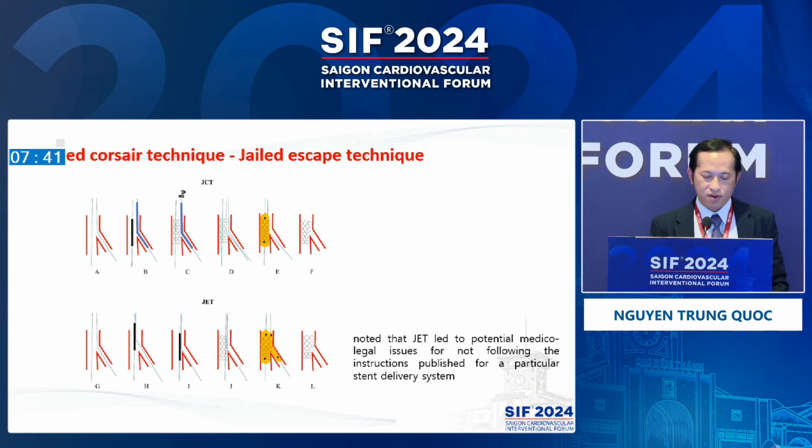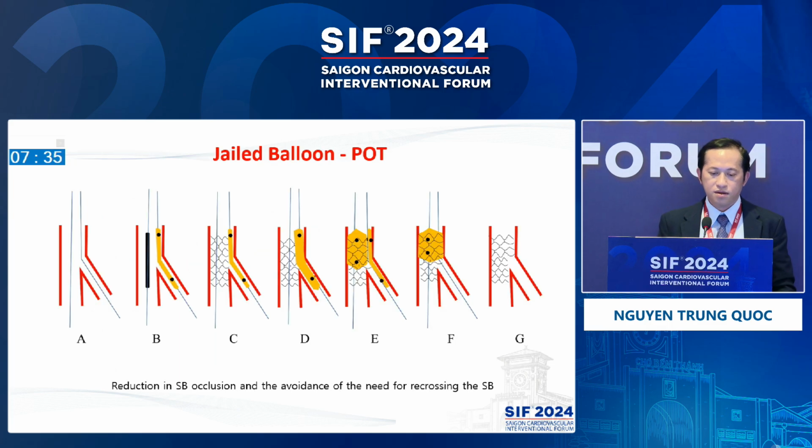Then after that, they do kissing balloon. Then the jailed balloon technique and then POT. We place the balloon in the side branch and deploy the stent, and after that kissing, and then do POT.